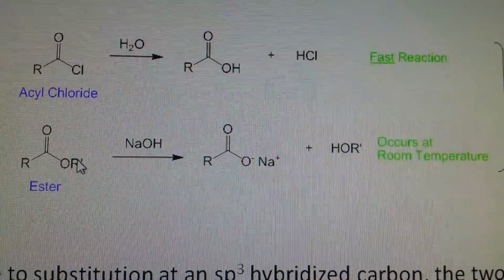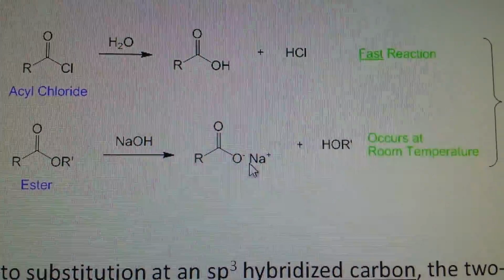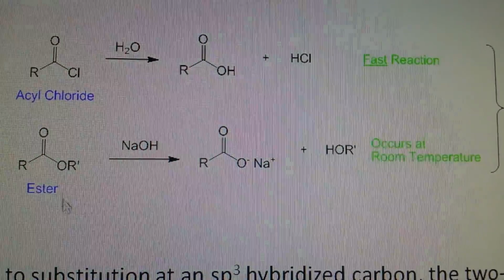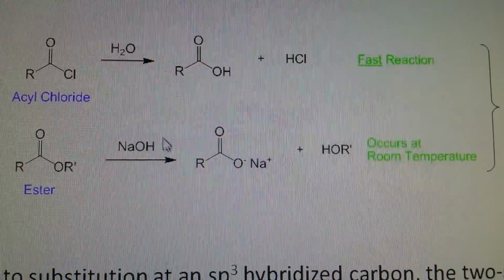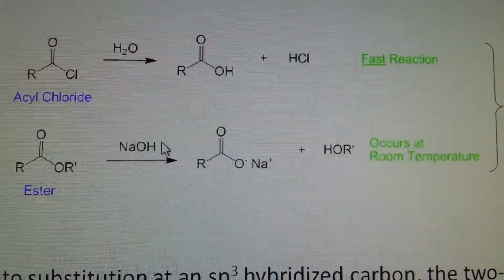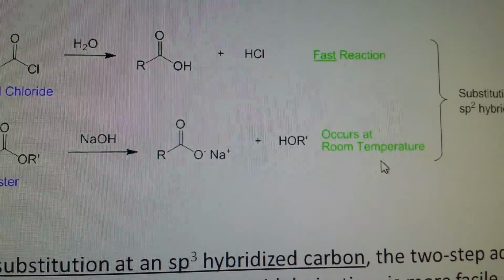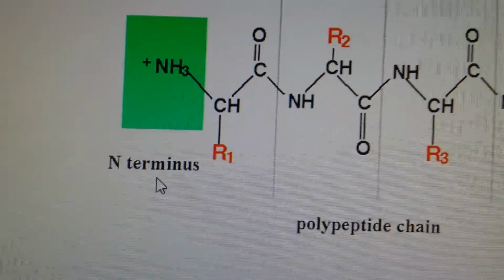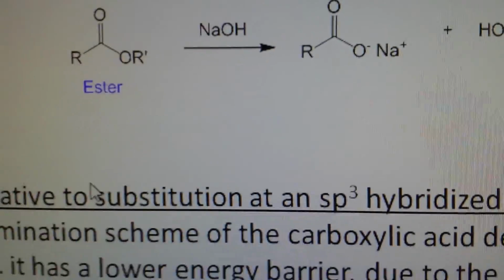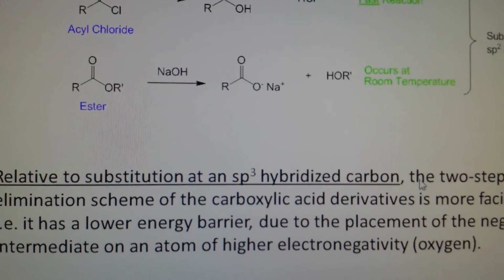So this is the only difference. R is leaving, and you're getting another plus-charged species, sodium. And what happened with this R? The other counterpart of the sodium hydroxide, which is OH, forms a bond with that one, and you get ROH. This occurs at room temperature.